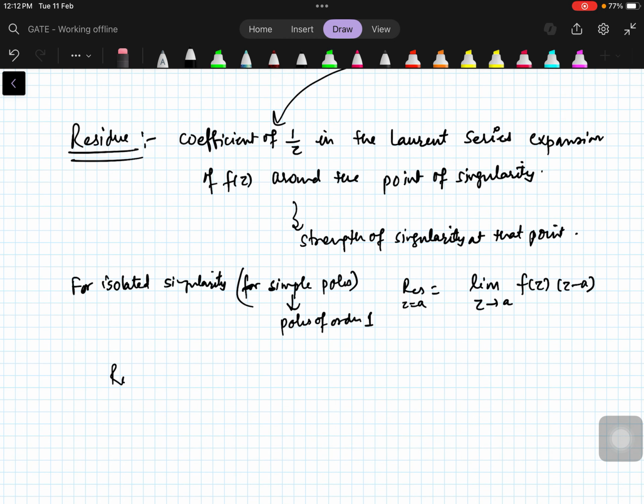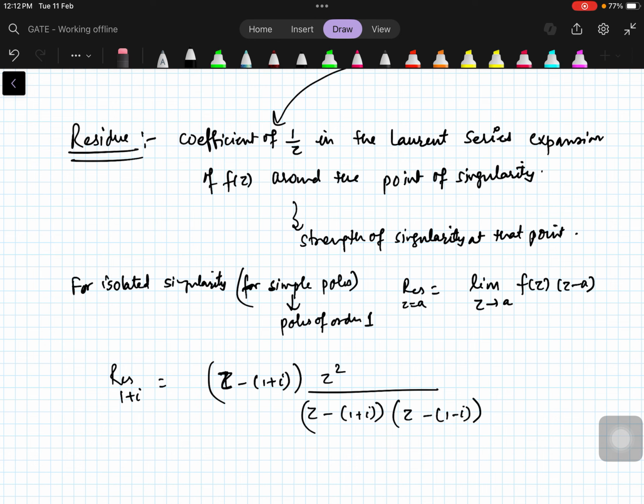So residue at 1 plus iota would be the limit of z minus (1 plus iota) into my f of z, which is z square, and in the denominator I'll write the factors so that things will cancel, because I already know the factors, right? Limit z going to 1 plus iota. So this cancels.